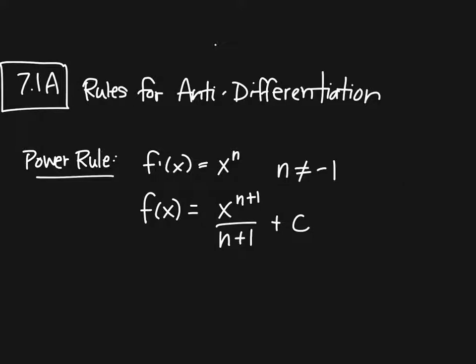And then following up on that, we need a rule for what do we do when n is equal to -1. Bella, why is it a problem for n to be equal to -1? Okay, because the result then would give me dividing by 0. So then we need the rule for a logarithm.